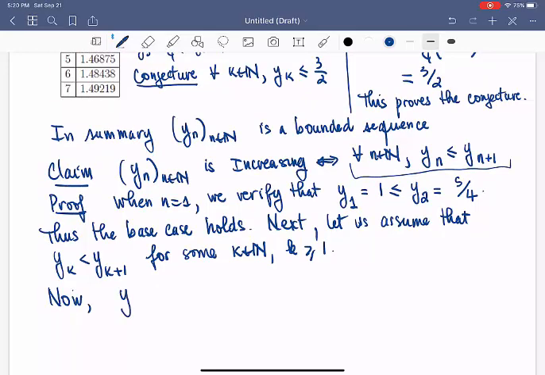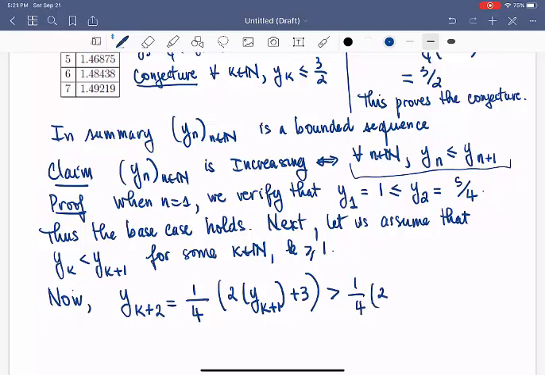Now, y sub k plus 2 is really 1/4 times 2 times y sub k plus 1 plus 3. And by our inductive hypothesis, it's greater or equal to 1/4 times 2 times y sub k plus 3, right?